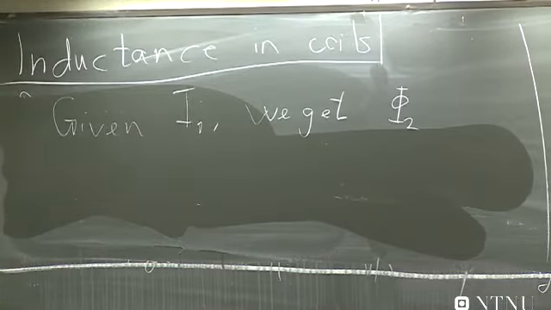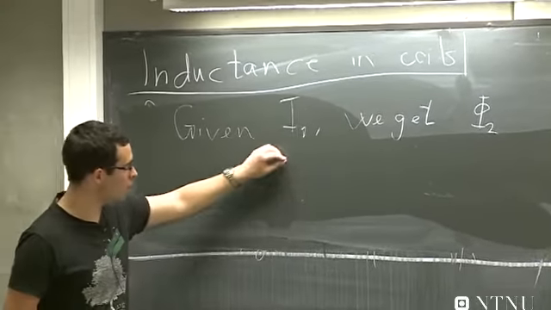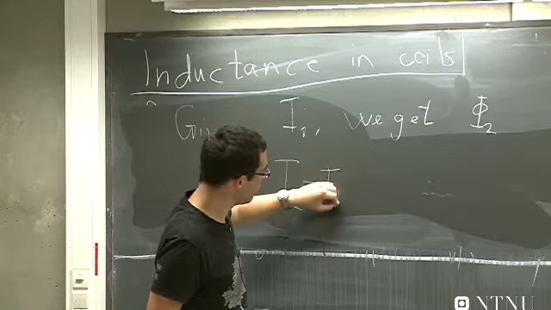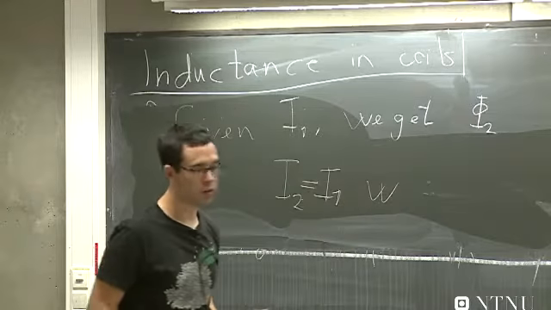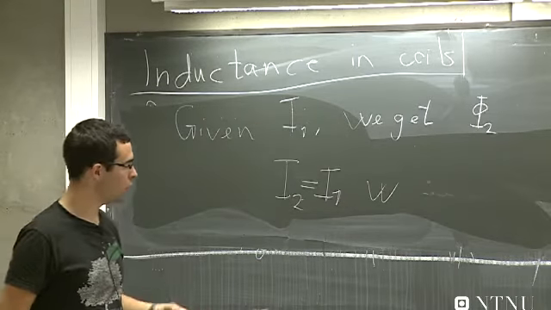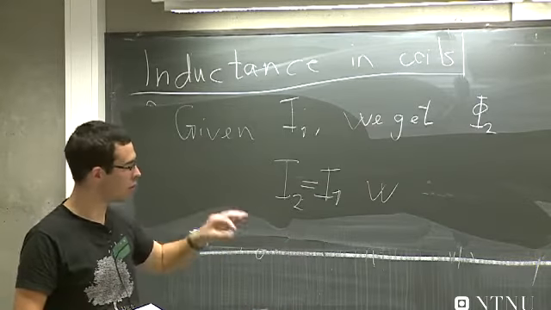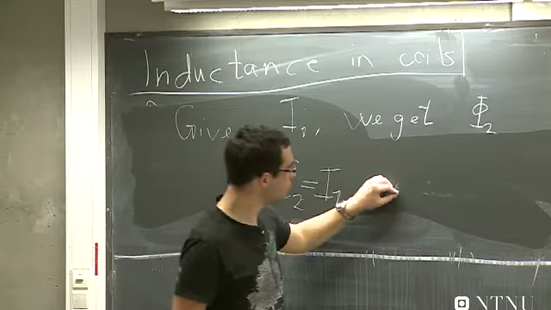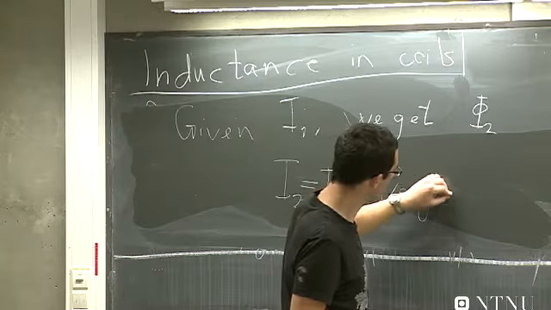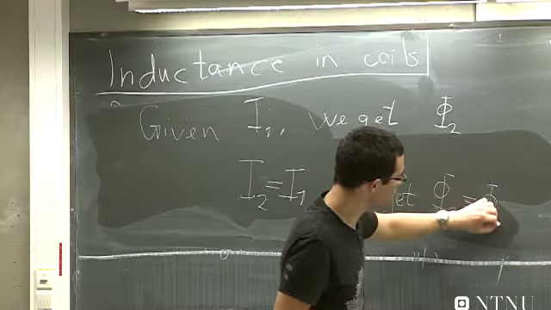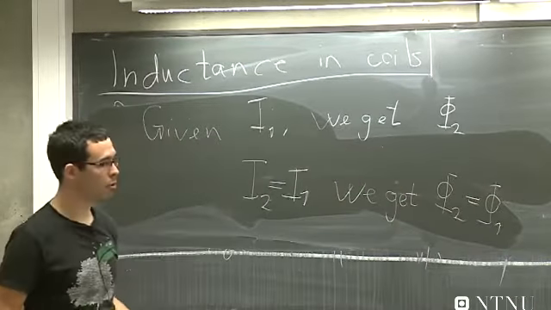That's the definition. Now if I insert instead I2 is equal to I1, what's then the flux in loop 1? Well, I introduce a current I2. What's the flux in loop 1? It's the same because of this symmetry property.